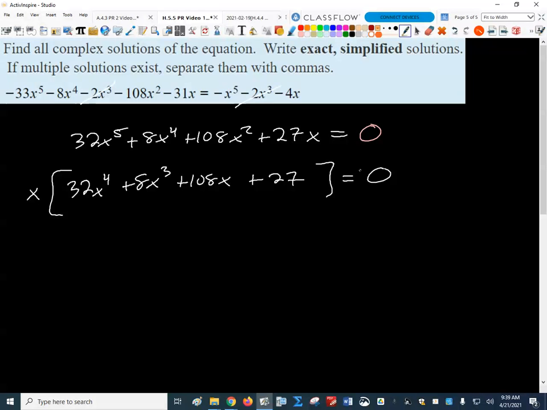Okay, now what? How are we going to deal with that 4-term polynomial factor? Grouping would be the only option. Is grouping going to work? Is it worth doing? You can tell me if it's going to work or not.